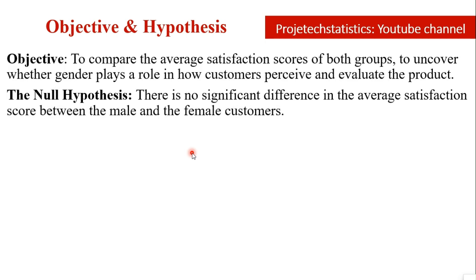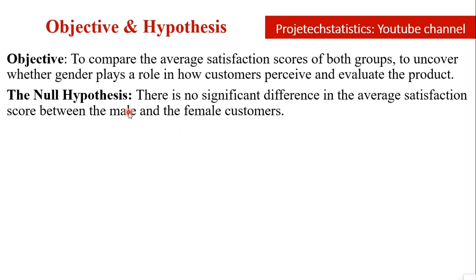So now, having known the objective of the research, to compare the average satisfaction score of both male and female groups to uncover whether gender plays a role in how customers perceive and evaluate the product, how do you state your null hypothesis? The null hypothesis is always stated in a way that it will contradict your claim or your objective.